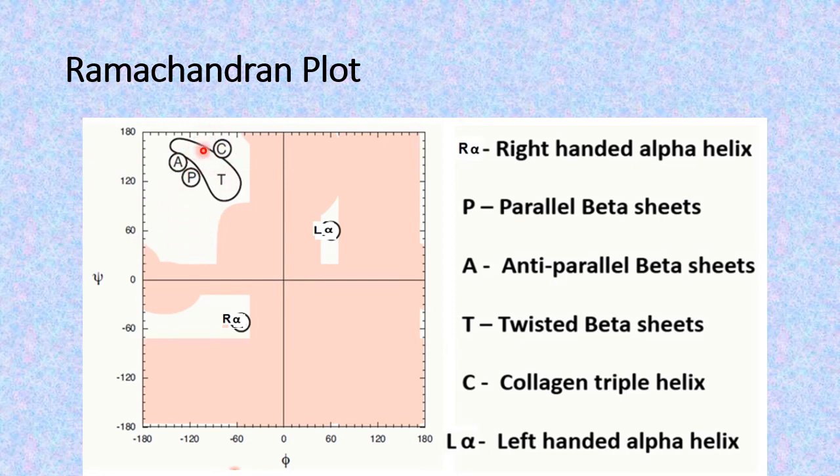So it is in this quadrant that these beta structures are stable.